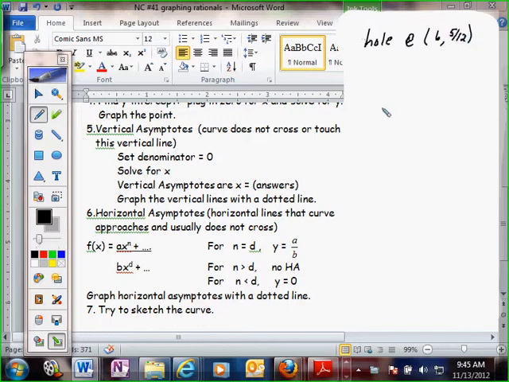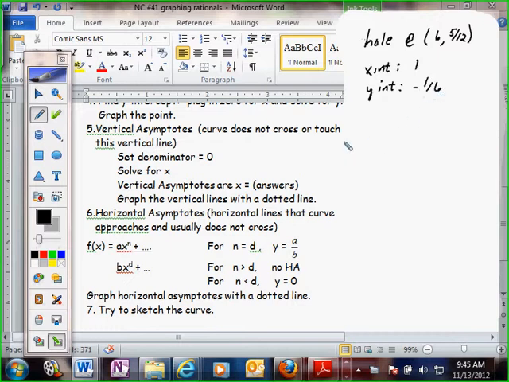I also found that I have an x-intercept at 1, and a y-intercept at negative 1/6.